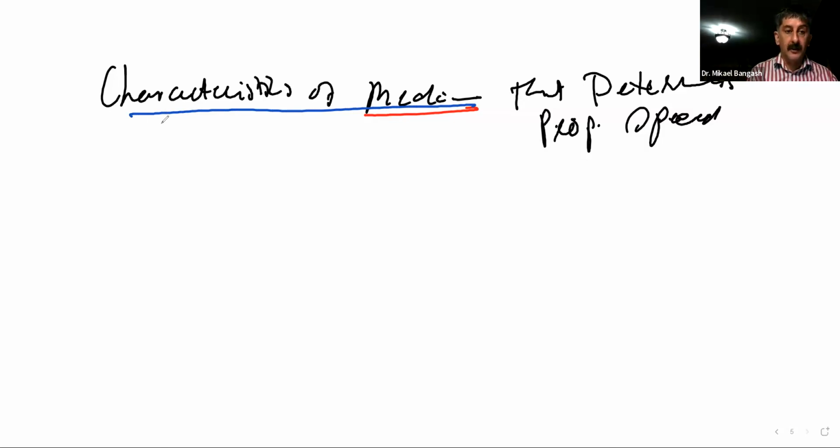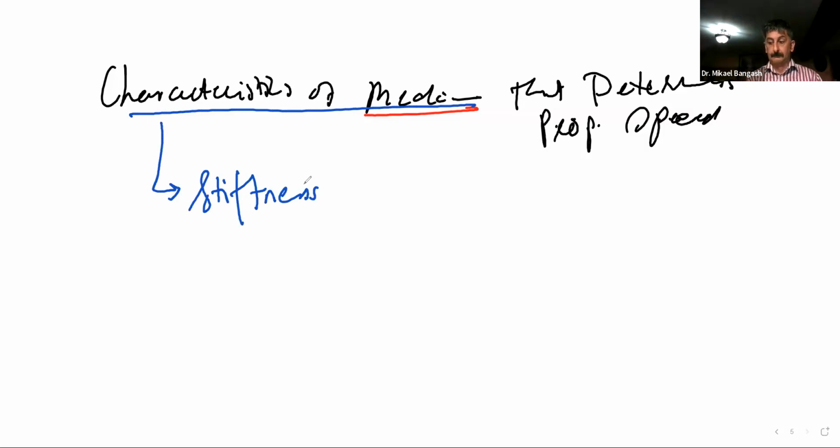And those two characteristics are, first of all, stiffness. The second one is what we call density.